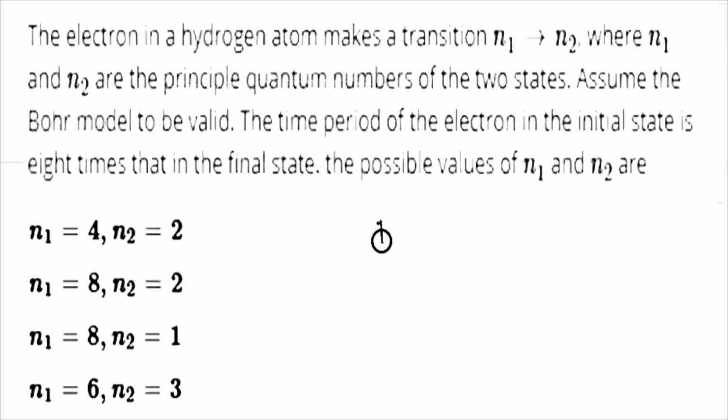So the formula for time period T is 2πr divided by v, the velocity.